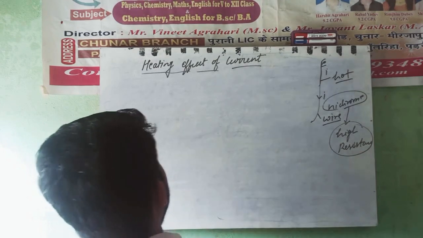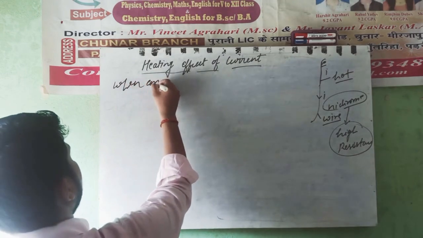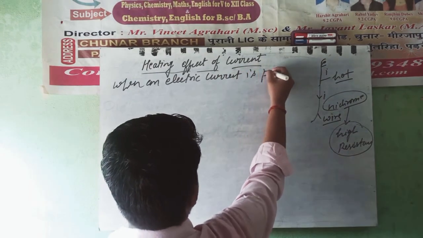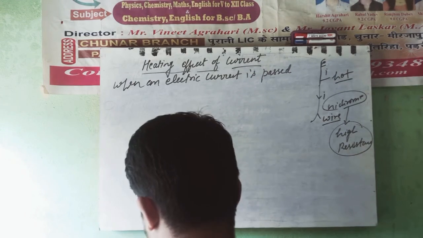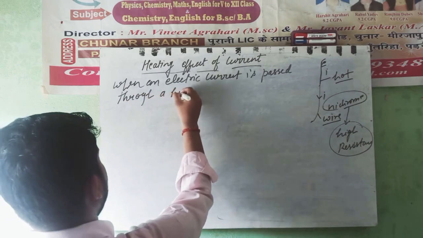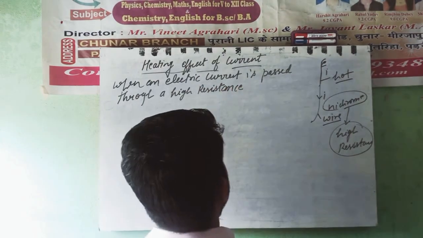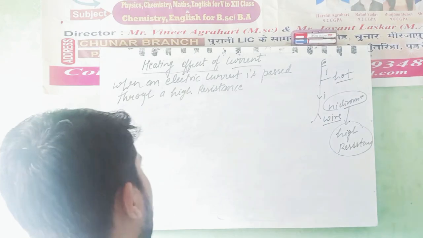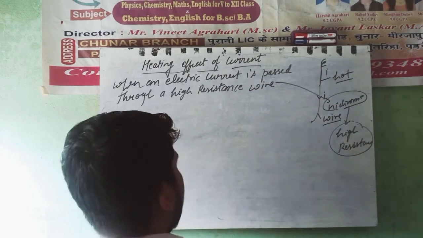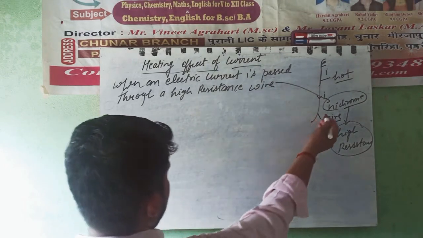So what will be the definition of heating effect of current? When an electric current is passed through a high resistance wire, which has very high resistance, meaning the opposition to the flowing current is very strong, like nichrome wire, the resistance wire becomes very hot.